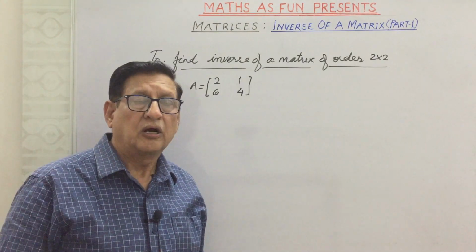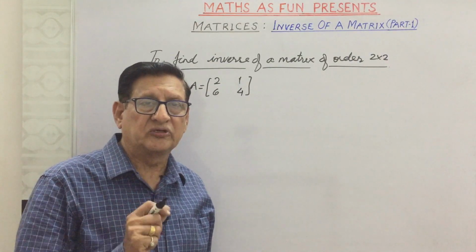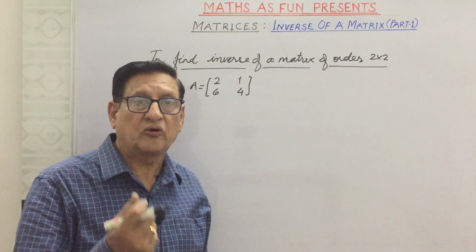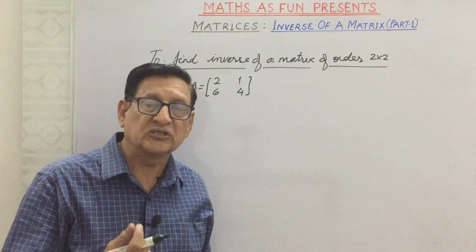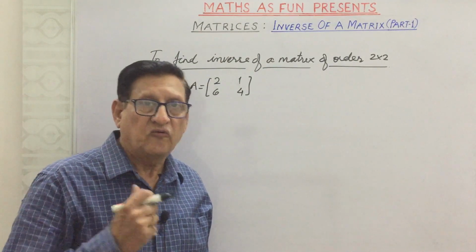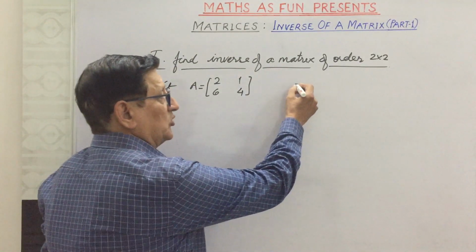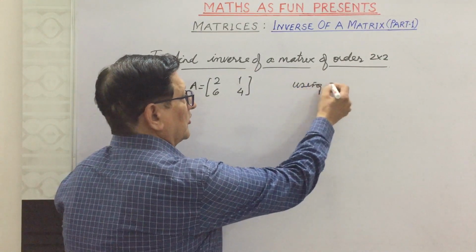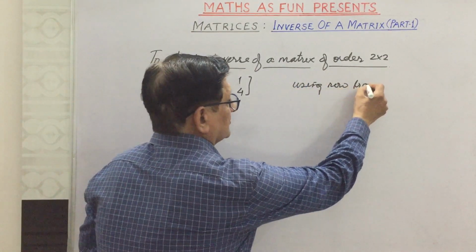Now we will learn how to find the multiplicative inverse of a matrix of order 2 into 2 by using the elementary transformations. First we learn about using row transformations.